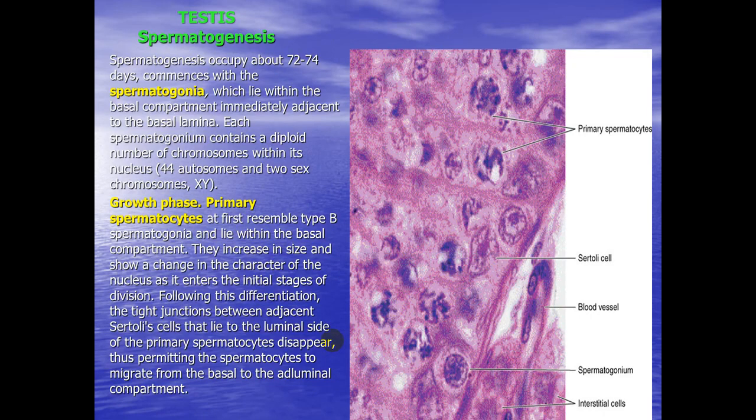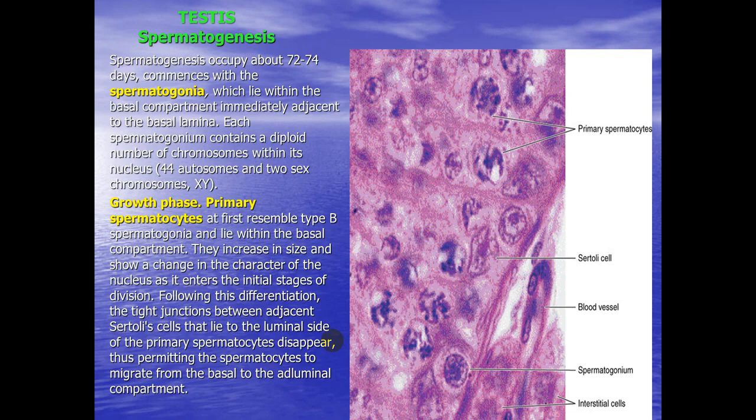It is a cyclic process. If it starts, it will last 72 to 74 days, and then the mature sperm cells appear. But in each tubule, this process may be at different times. Not all seminiferous tubules start spermatogenesis together.